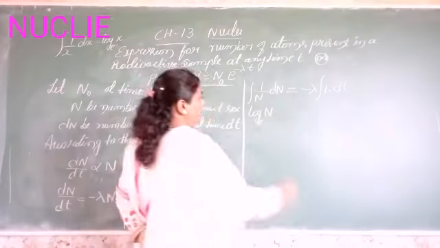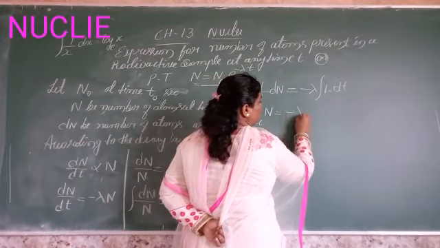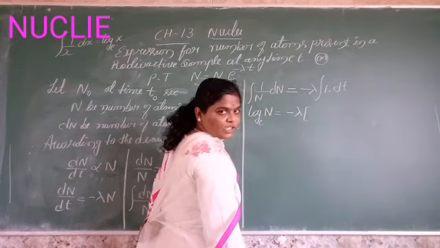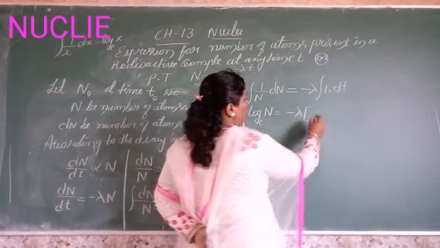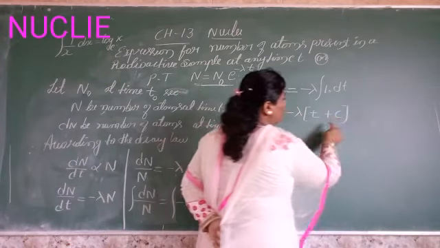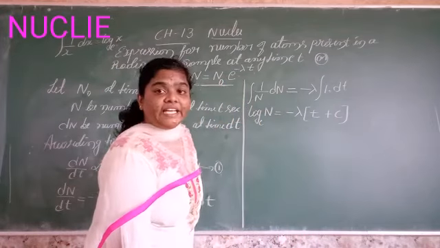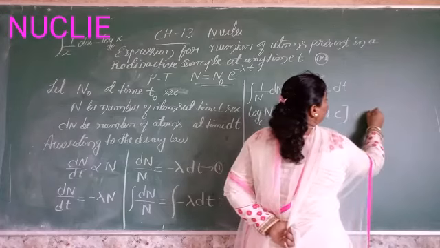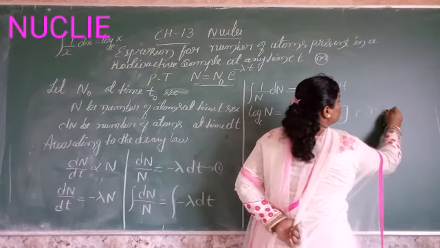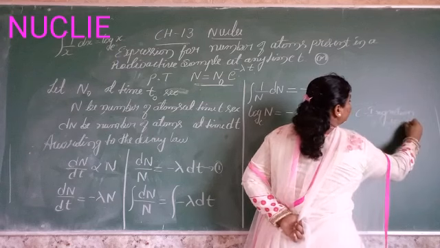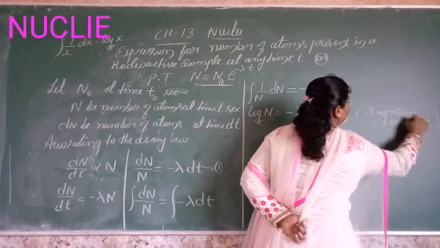Log base e n is equal to minus lambda into 1 into dt. Integrating the constant term gives t plus c, where c is the integration constant.